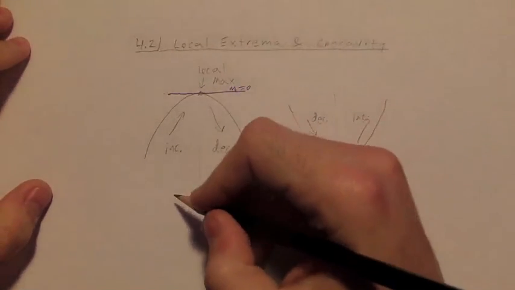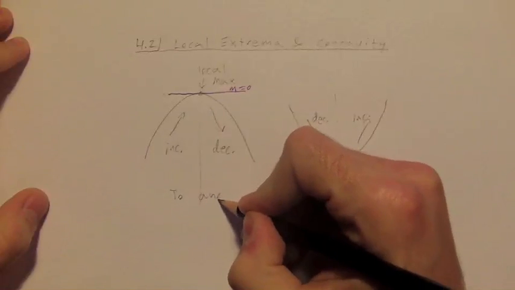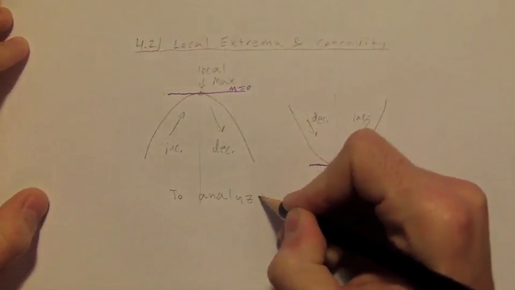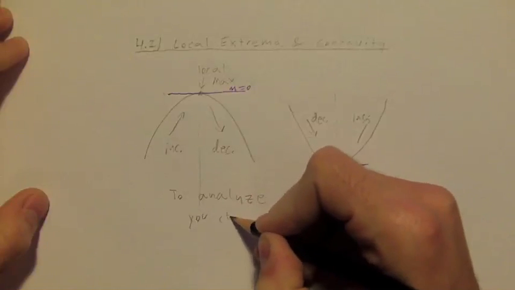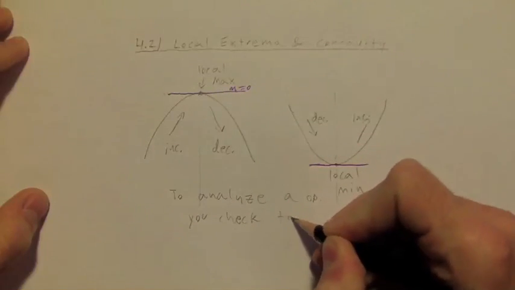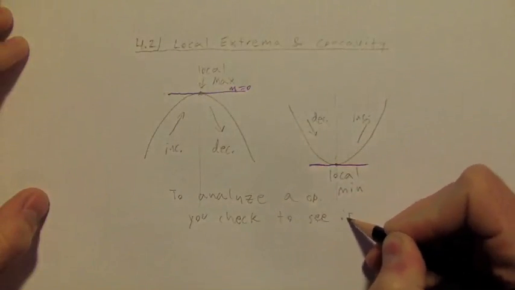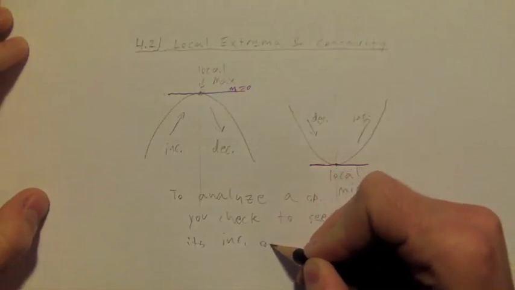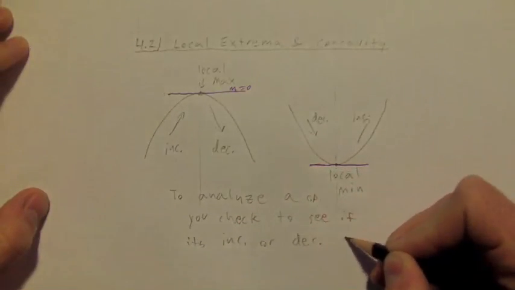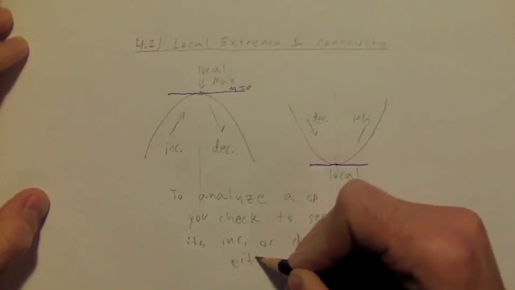So to analyze a critical point, you just check to see if it's increasing or decreasing on either side.